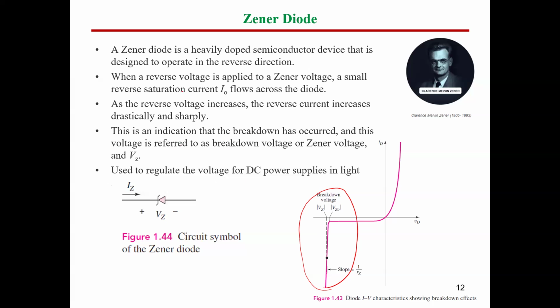When a reverse voltage is applied to the Zener diode, a small reverse saturation current will flow. This is in this region, guys, during this period, at a small voltage magnitude. As the reverse volt increases, the reverse current increases drastically and sharply, at the value of the Zener volt.